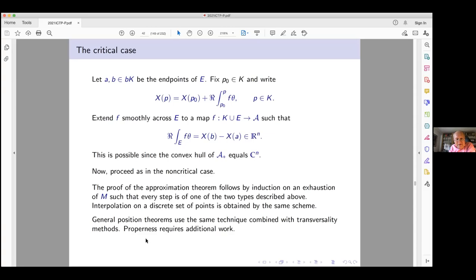The most additional work is actually required by properness. I also said that not only can you approximate this minimal surface on a small set by a minimal surface on the full Riemann surface, but you can make that approximating map proper into Rn. And that properness, of course, requires more work.